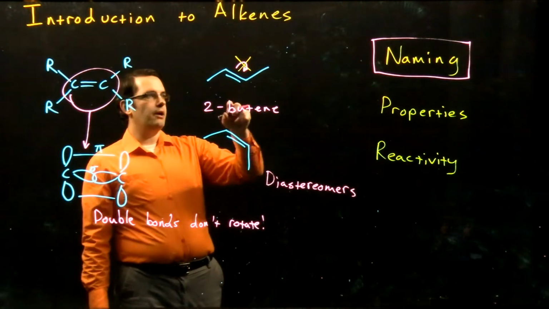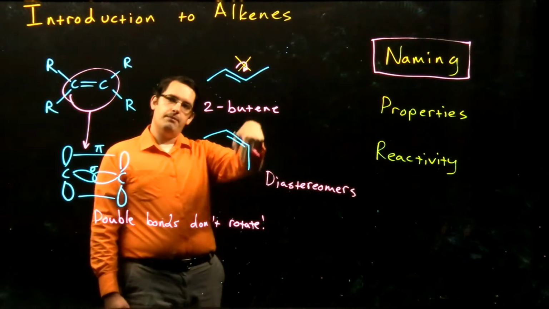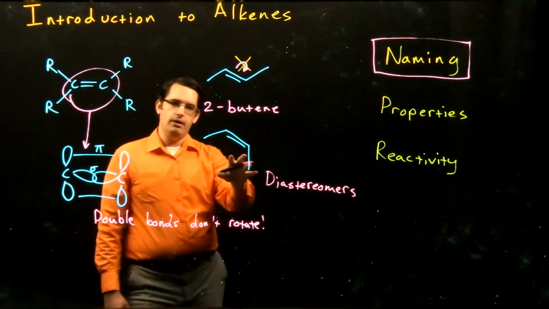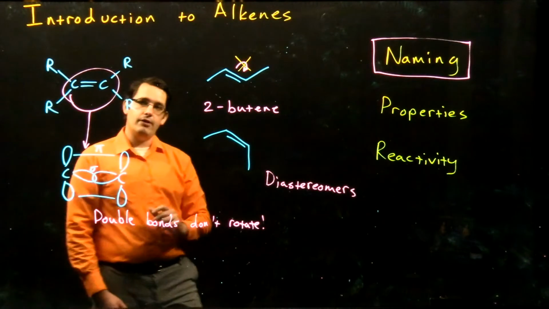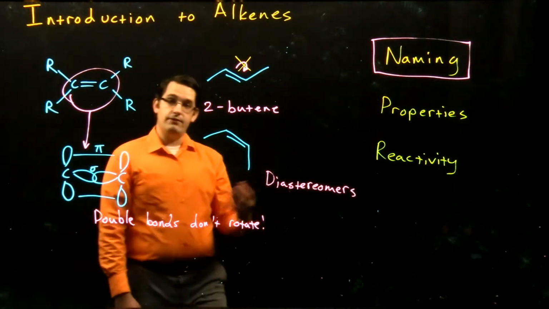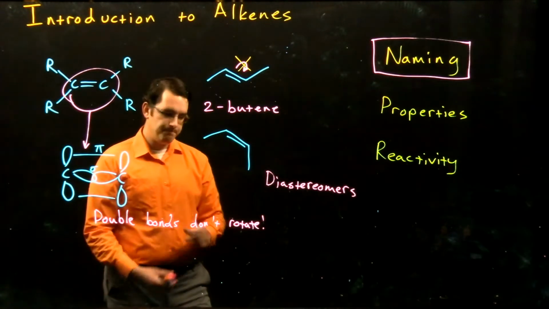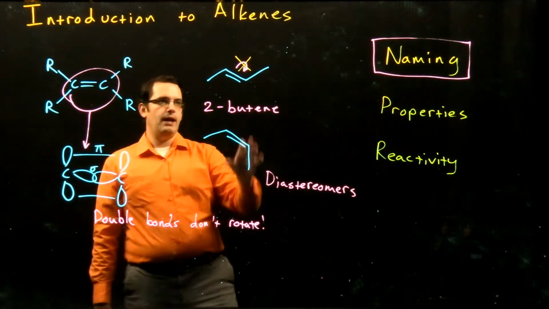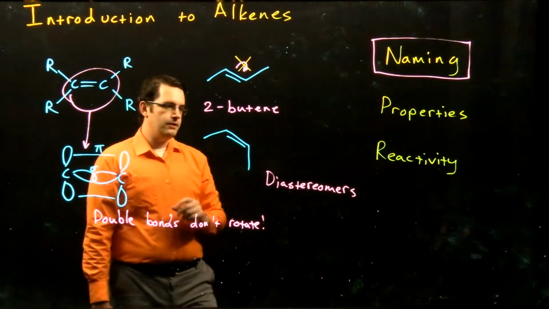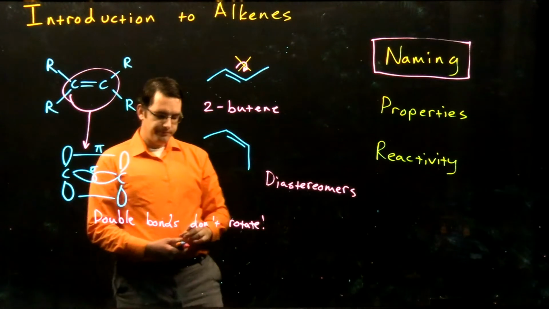So my atoms are pointing up in relation to the rest of the molecule over here, whereas they're pointing down in relation to the rest of the molecule over here. So it's a new kind of stereoisomer. Another kind of diastereomer, similar to some of the diastereomers that we've looked at previously. And I'm going to need a new naming system to differentiate between these 2 different alkenes.